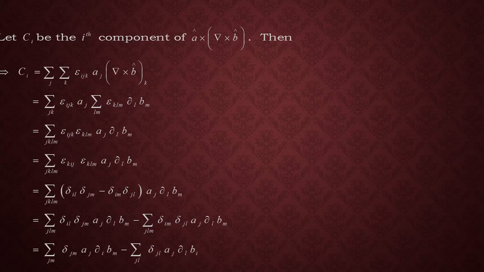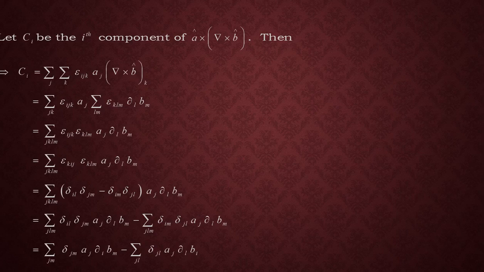If we do that, we obtain C_i equals summation over jlm delta_il delta_jm a_j ∂_l b_m minus summation sigma over jlm delta_im delta_jl a_j ∂_l b_m.